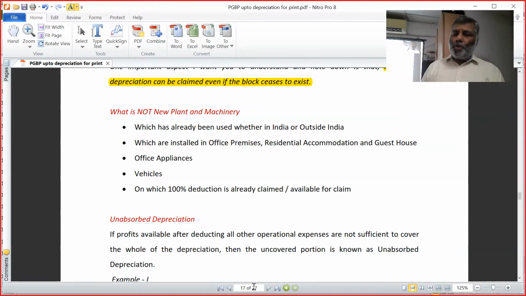What is not new plant and machinery, whether used in India or outside India already, is not eligible for additional depreciation. Office premises, vehicles, and assets on which 100% is allowed, that is not there now, so don't worry about it.